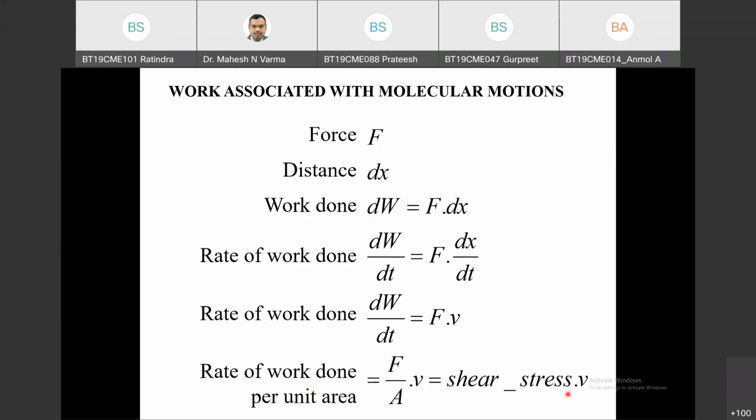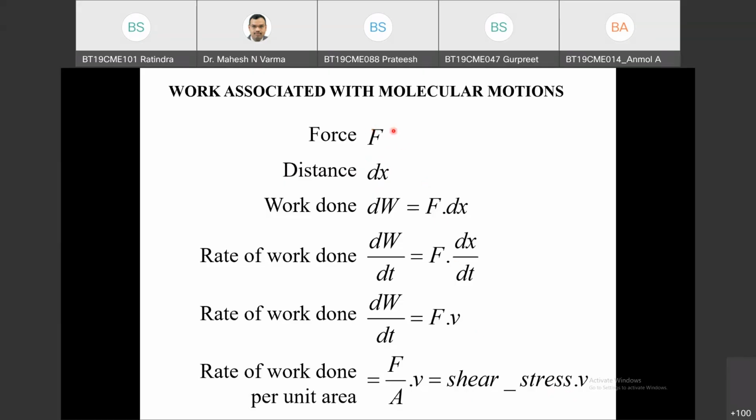This shear stress into velocity can be interpreted as the rate of work done per unit area whenever there is a convection. Whenever there is a convection, shear stress multiplied by velocity will be associated with the rate of work done per unit area.